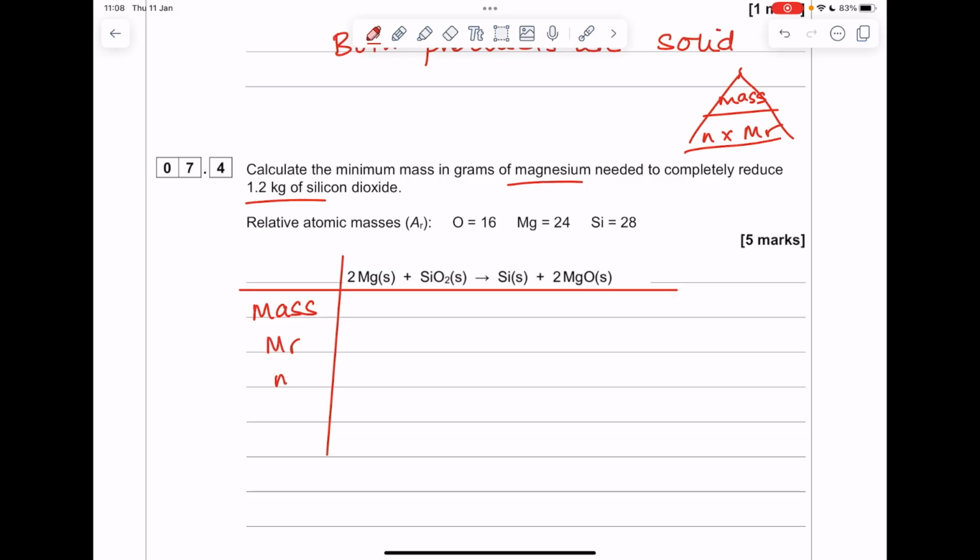Then substitute in all the information you've been given. We're after the mass of magnesium. We've been told we have 1.2 kilograms of silicon dioxide. Because that final answer needs to be in grams, let's get that 1.2 into grams.